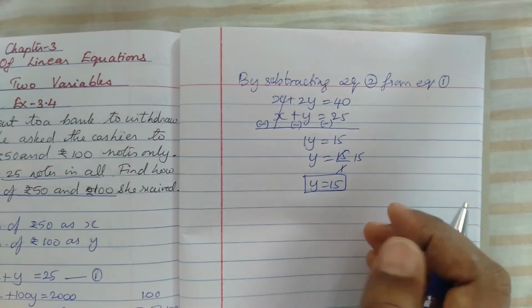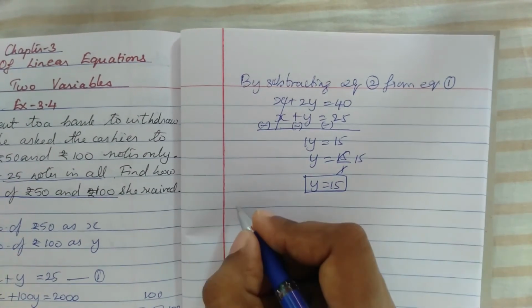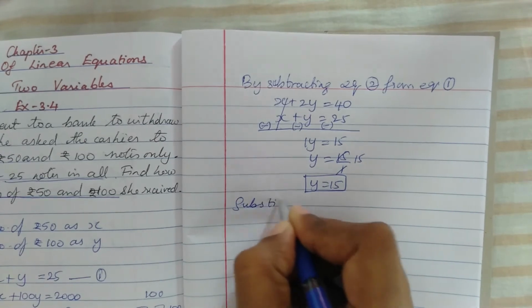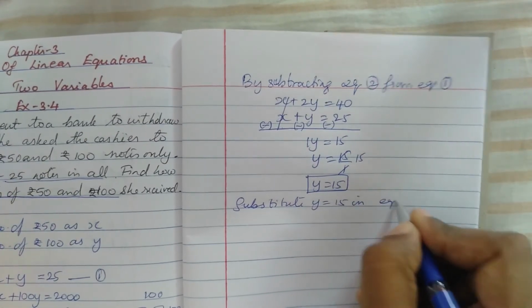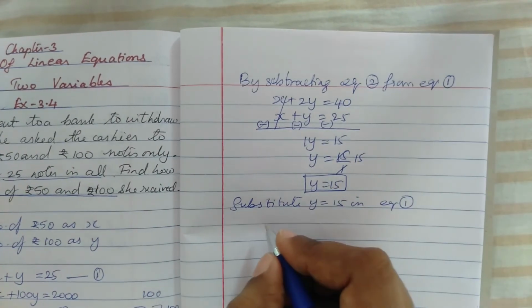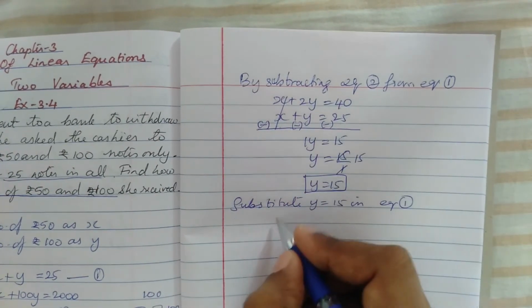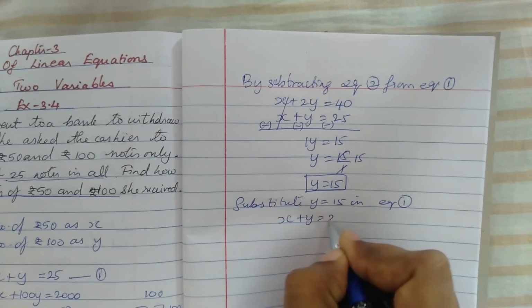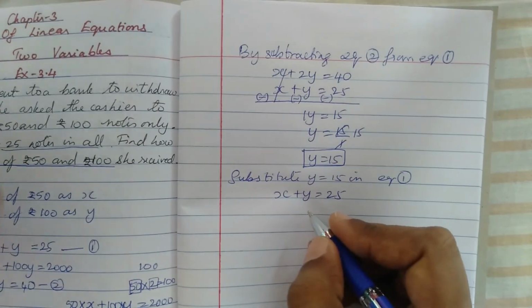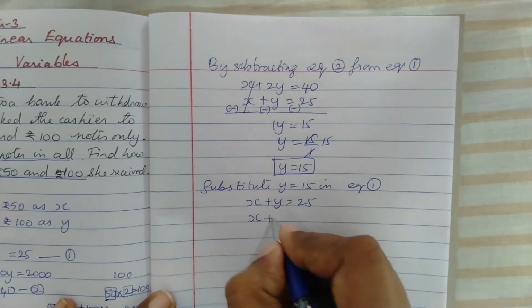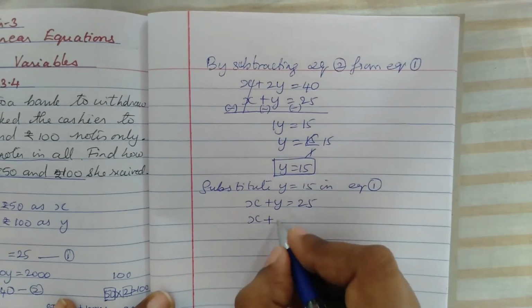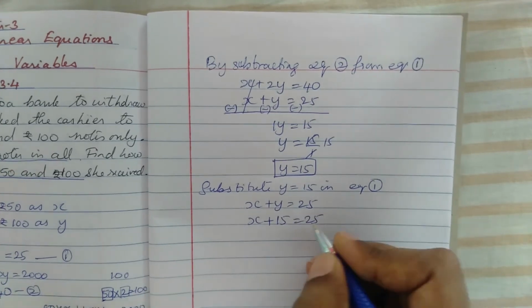Now let's substitute this value in equation number 1. Substitute Y is equal to 15 in equation number 1. Your first equation is X plus Y is equal to 25. Now X remains the same, plus Y, in place of Y let's replace 15, is equal to 25.